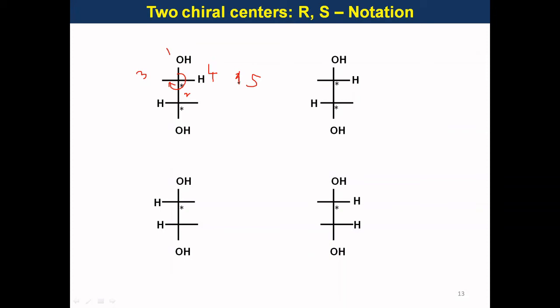Coming to this chiral center, this is 1 and this is 2, the bigger side, this is third one, this is fourth one. Rotation from 1 to 2 to 3 is clockwise, supposed to be R, but H, that is the fourth priority, is in horizontal line, so it is S.